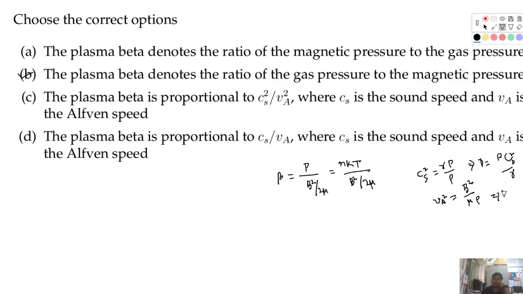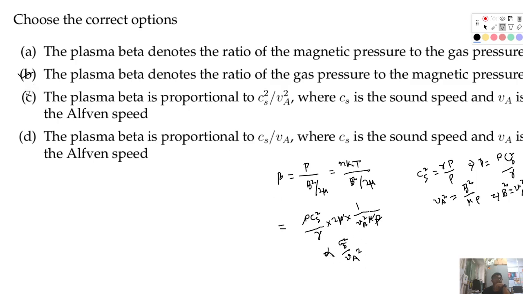And B square should be vA square mu rho. So P is rho cs square by gamma, into 2 mu, into 1 by vA square mu rho. So mu is cancelled out, rho has been cancelled out, so you should have cs square by vA square.